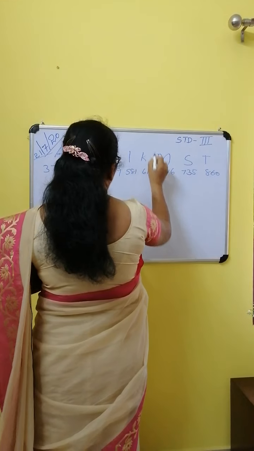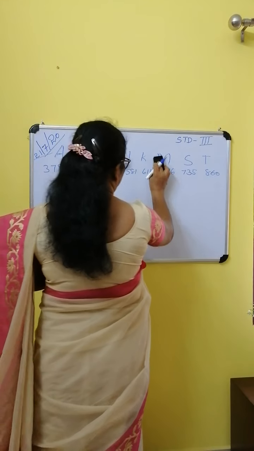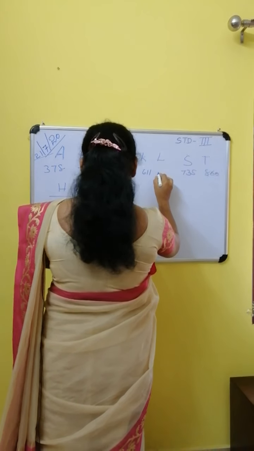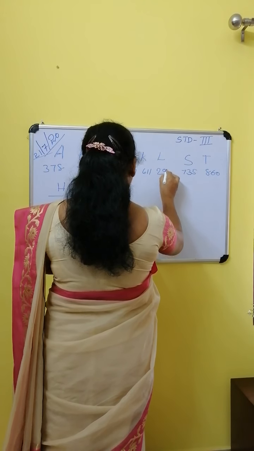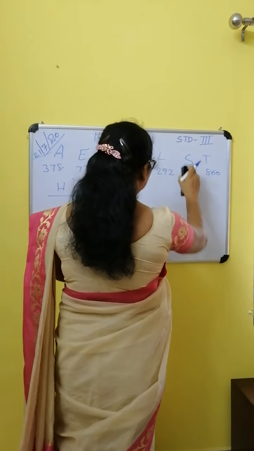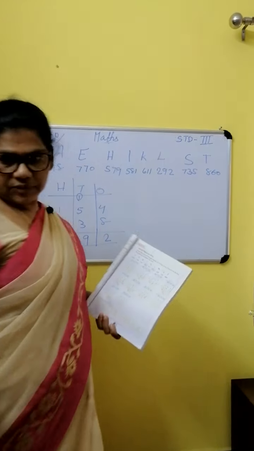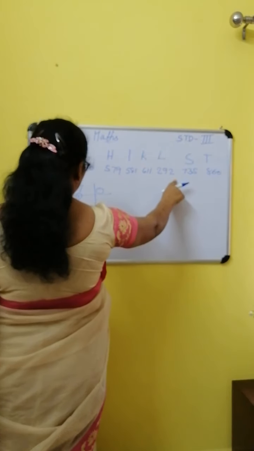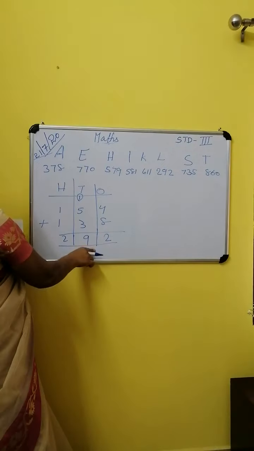Here this L. L is there. 292. Okay. L is there. M is also there. You have to write. See here, 292. Same number we got now.